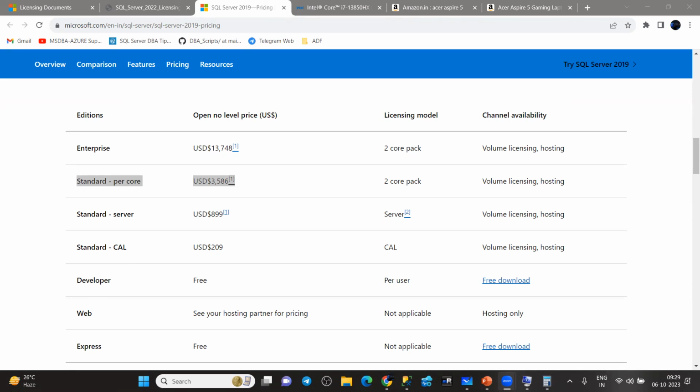You need to create a case to the Microsoft volume licensing team, a separate team who maintain this in Microsoft, to get a better idea about this licensing part.